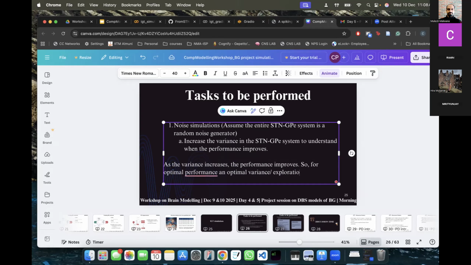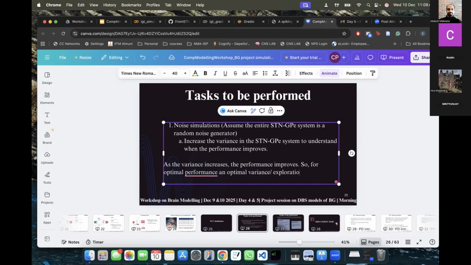So going ahead, what are we going to do? We are going to construct a more realistic network of the STN-GPE system, and then calibrate the model to show normal and PD characteristics. Then I will talk about the different metrics that we use to classify these characteristics. When I say classify, I mean how do I define complexity, and what are the metrics that people use to classify this complexity?